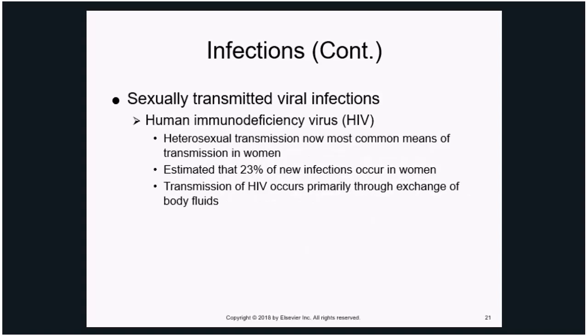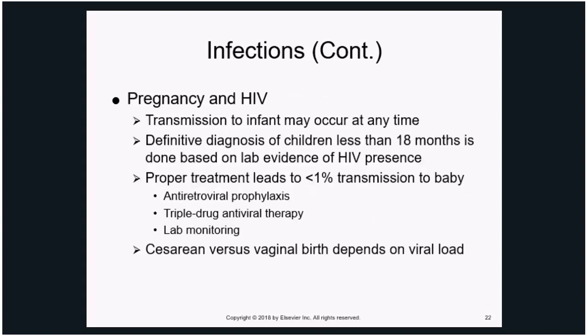HIV: heterosexual transmission is now the most common means of transmission in women. It's estimated that 23% of new infections occur in women, and transmission of HIV occurs primarily through exchange of body fluids. Pregnancy and HIV transmission to the infant may occur at any time.